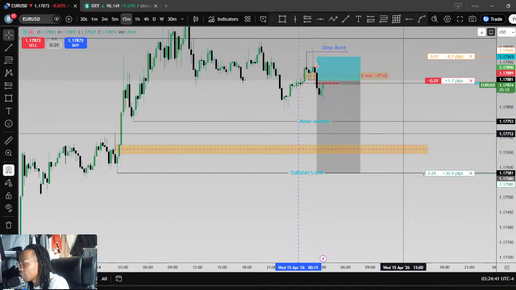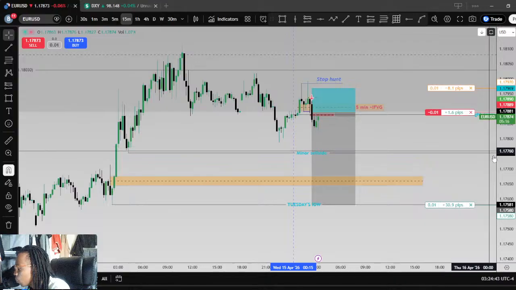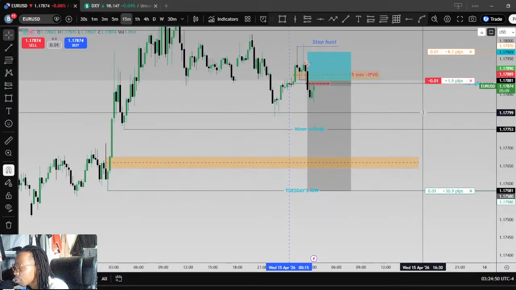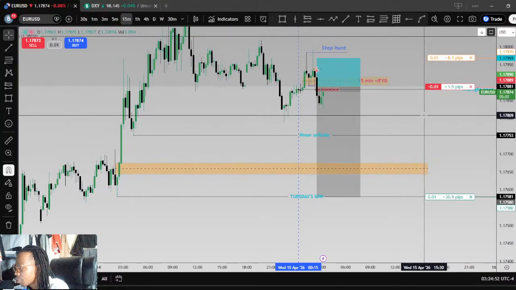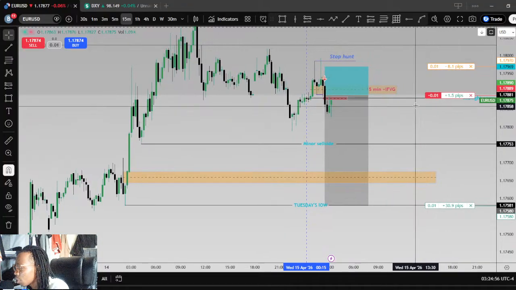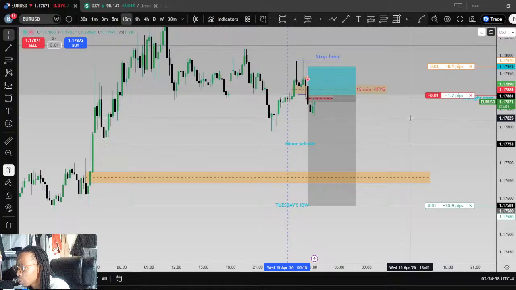So we are having price retracing back to that fair value gap again. So still looking for it to respect price.